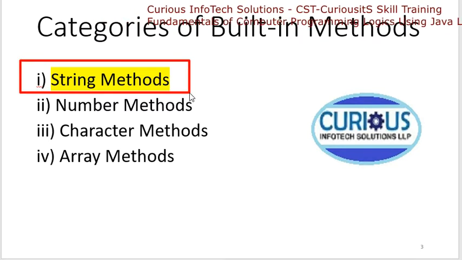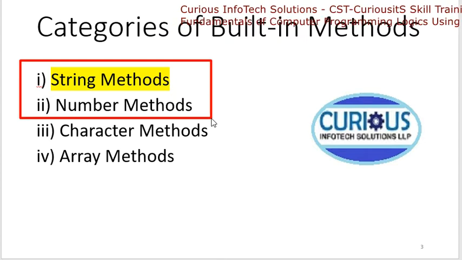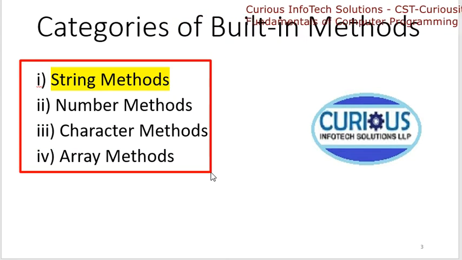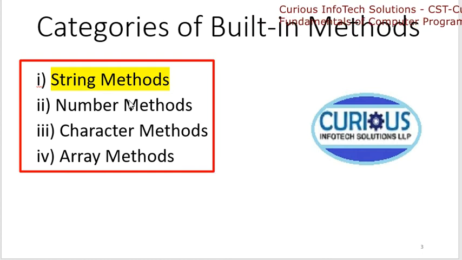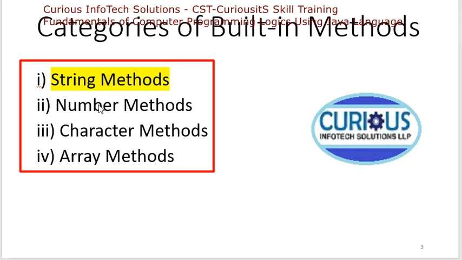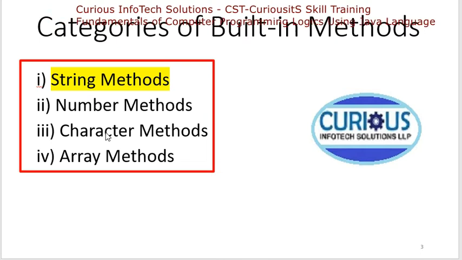The first is string methods, number methods, character methods and array methods. These are very popular, and we have to use methods from string, number and character frequently.